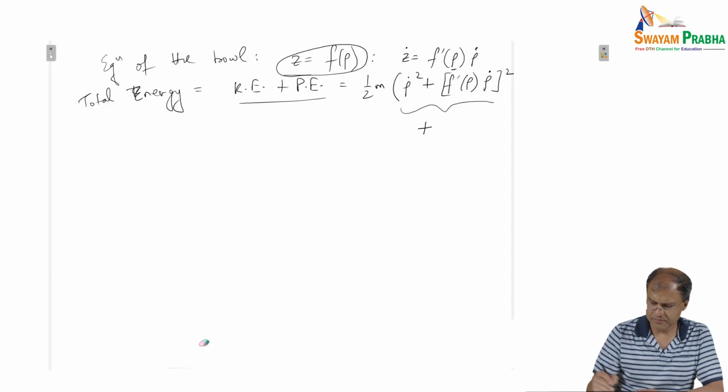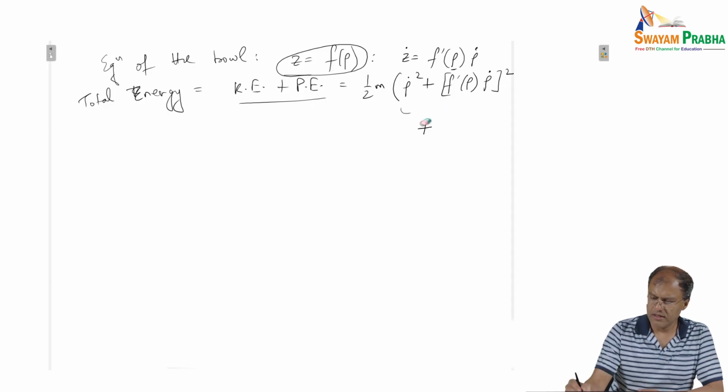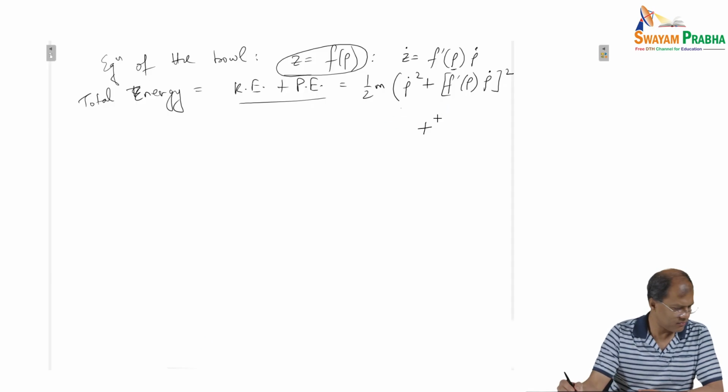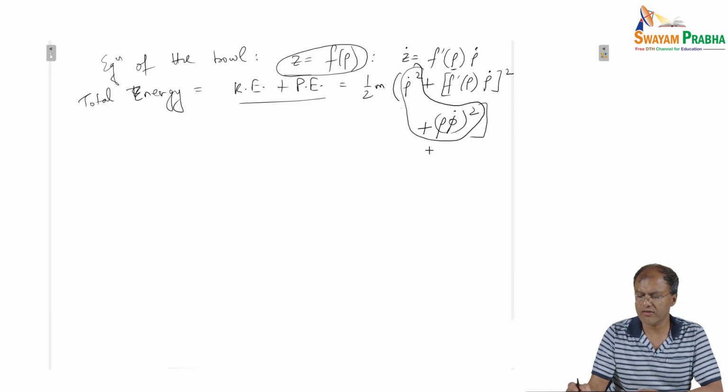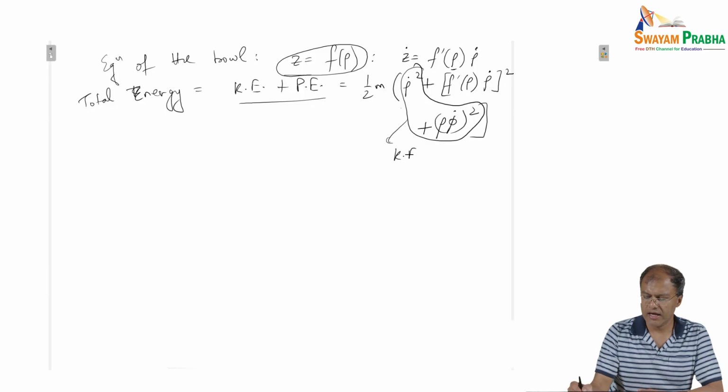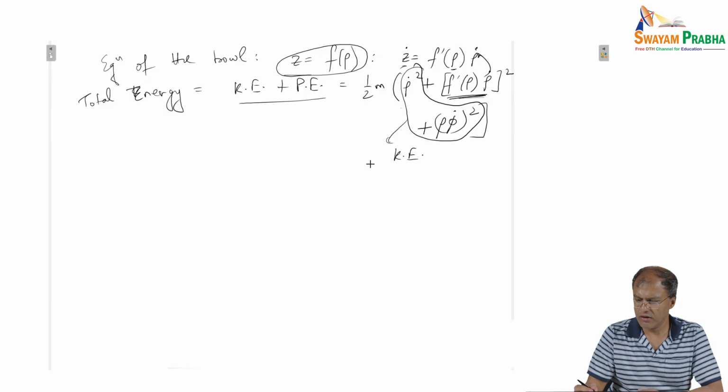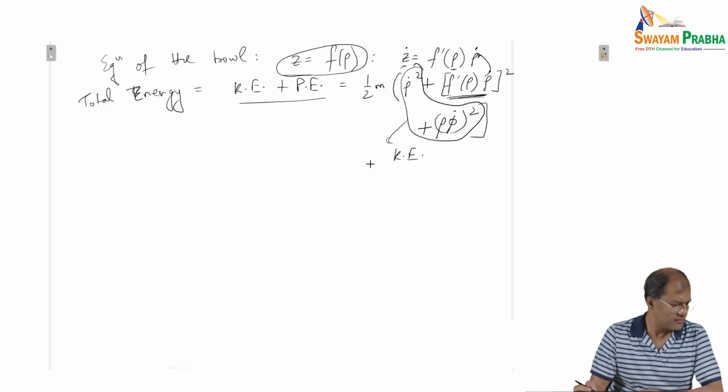Hold on. Let me write down the complete expression and then it will be easier. So half m rho phi dot square, right? And this quantity here which I am circling is the kinetic energy component, and the remaining part is the potential energy, because that is what we have.